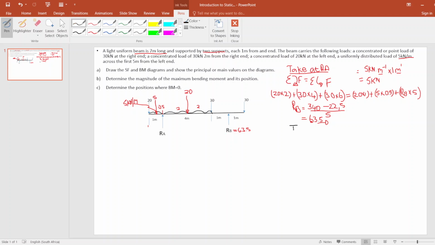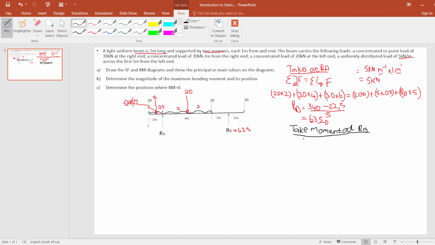When you take moment at RB, you are determining for RA. When we have taken moment at RB, we are determining RA.